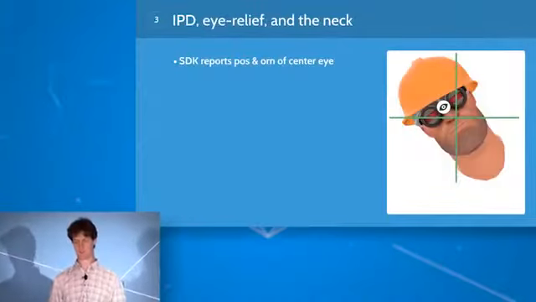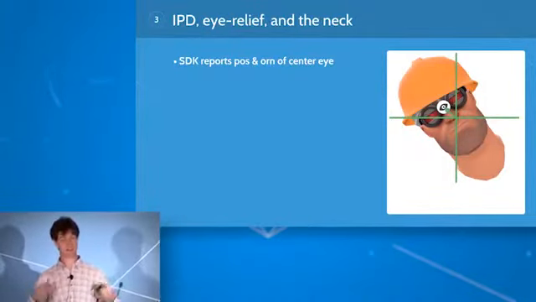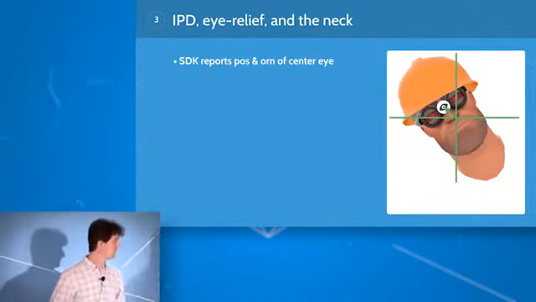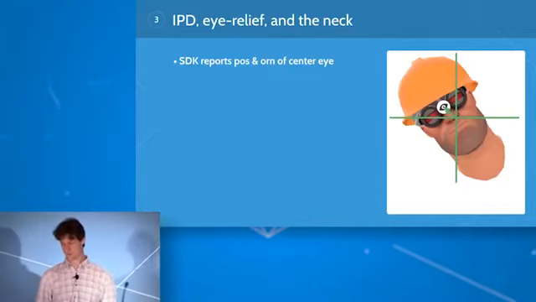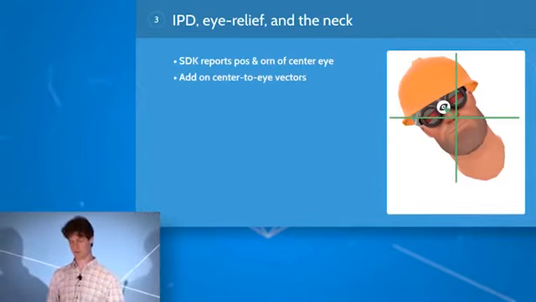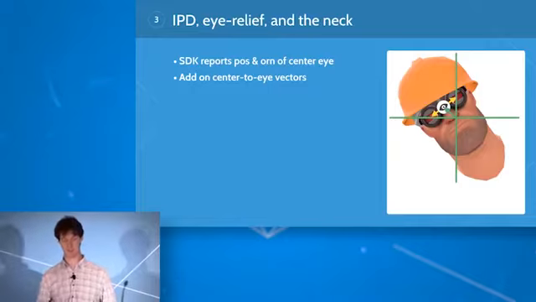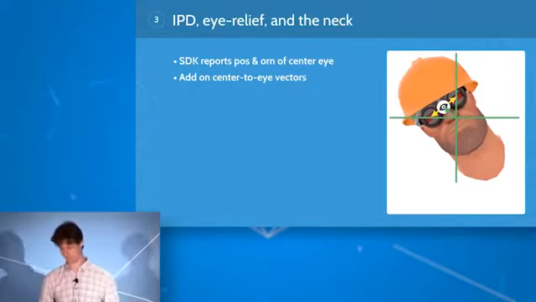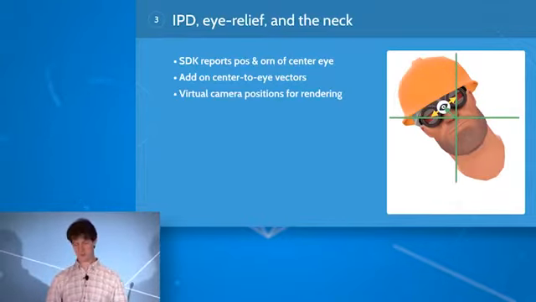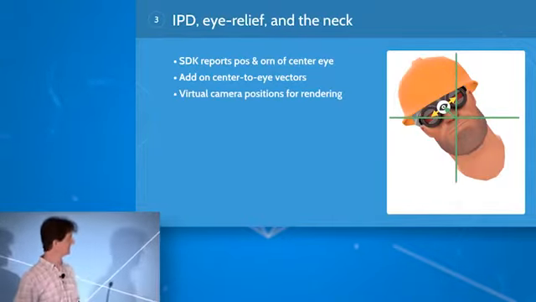So the SDK reports the position and orientation of the center eye relative to this 0 position. And then you add on these center to eye vectors, and that tells you where your cameras are. And then you use these virtual cameras in rendering. And please remember, all these are real distances.